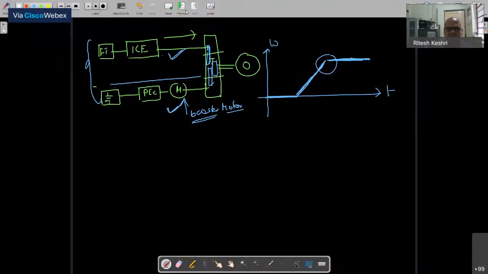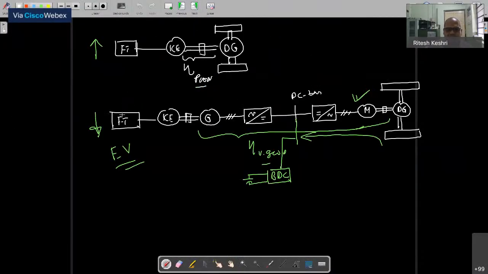Or there is a possibility that your vehicle is of the type where an IC engine is there, and the main source is the IC engine, and you cannot submit the energy back to it. So you have to bypass it or dissipate it. Maybe you are storing it, or maybe you want to dissipate it in a resistor. All these possibilities are there. So wherever recovery is not possible, you will dissipate it.